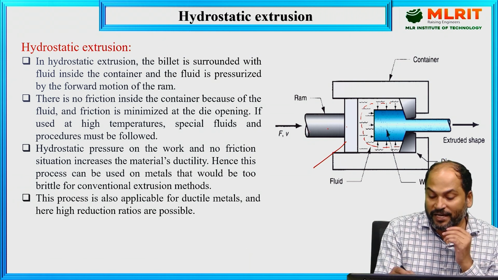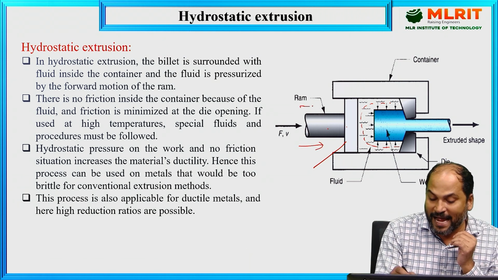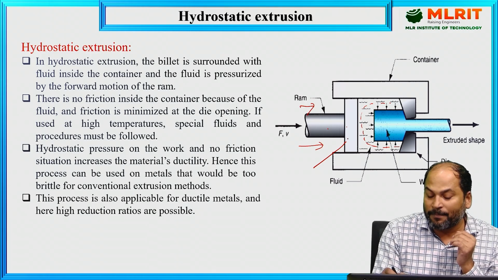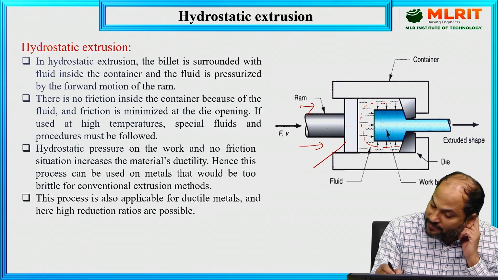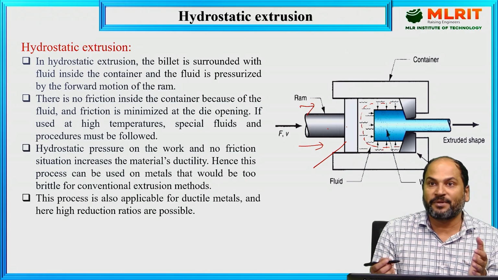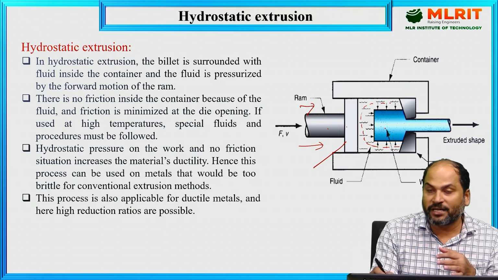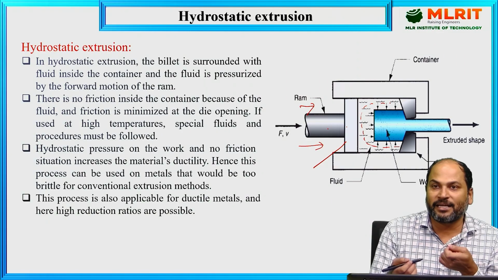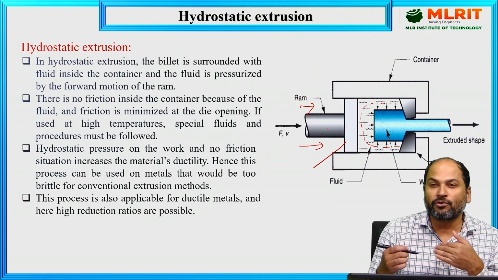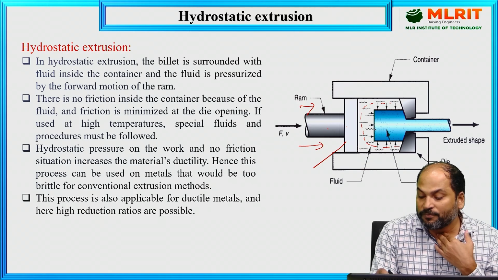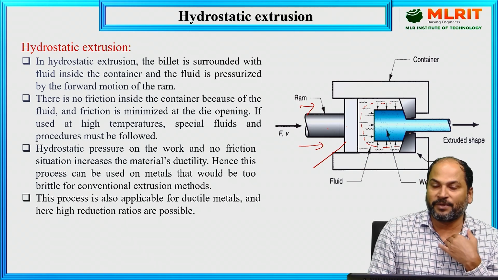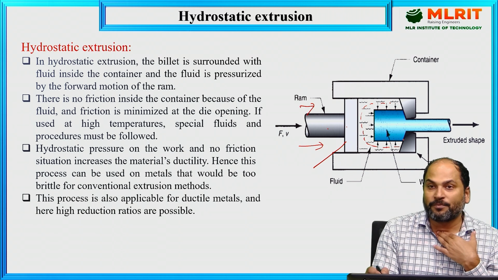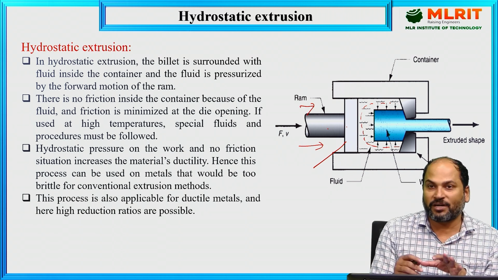When we apply force through this ram, it applies pressure, so the liquid inside will be at high pressure. As it is in contact with the billet, the pressure is transferred through the liquid to the billet. It exerts force on the billet and forces it to flow through the die opening, and finally it takes whatever shape we want.